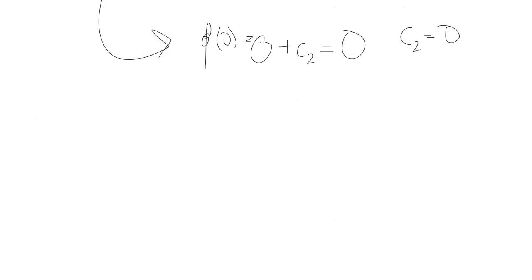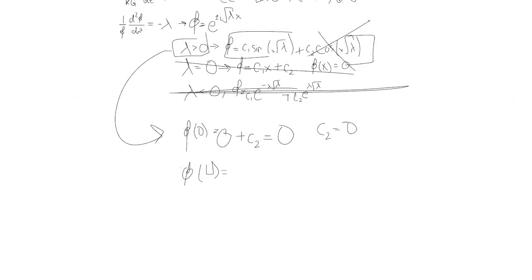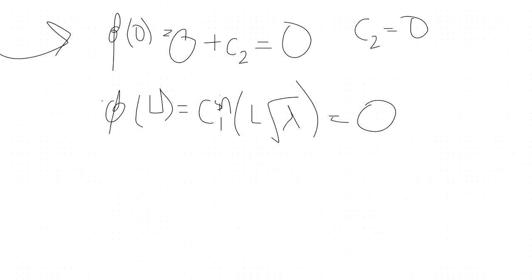Next, we look at phi at L, which is equal to c sub 1 times sine of L square root lambda, which equals 0. I forgot to write sine. But if we solve this equation, we can't get a value for c, but we can get a value for lambda.